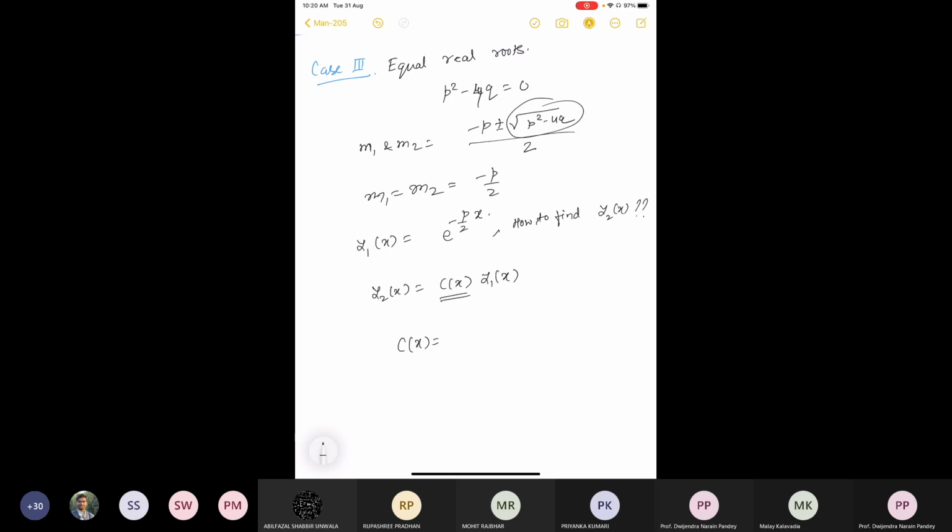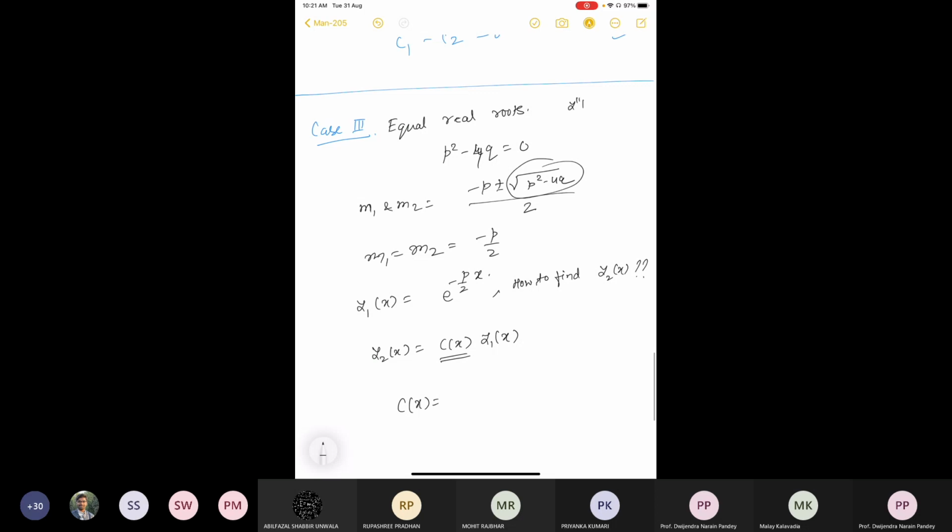Anybody remember this formula? Or can you find this c(x) here? So the equation is y double dash plus p y dash plus q y equal to 0. It is already in standard form. So what is the value of c(x)? It is the integral of 1 by y1 square into e raised to minus integral of p dx, dx. So can you find out what is the c(x) here?